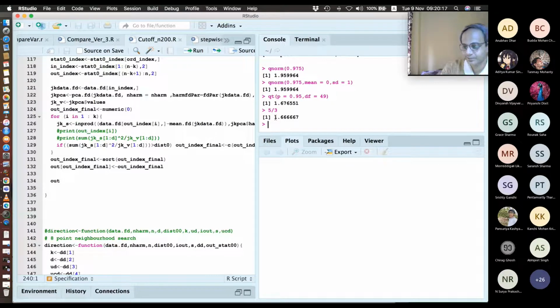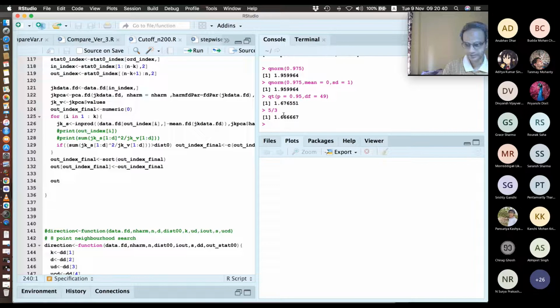Now you tell me whether you will reject the null hypothesis or not reject the null hypothesis. Don't reject, sir. Reject or not reject? T observed is less than t alpha, n minus 1, so we should not reject. Yes.